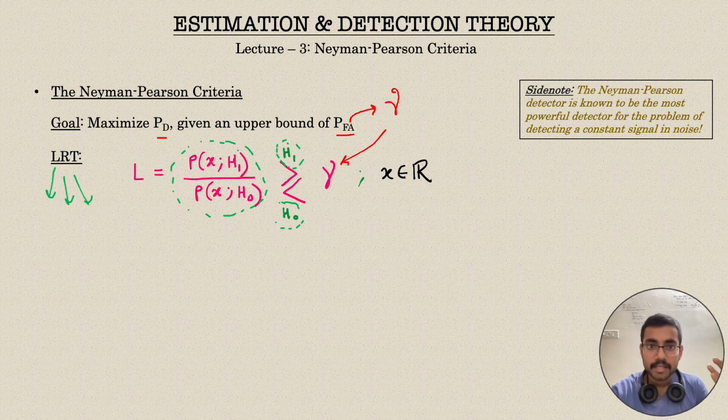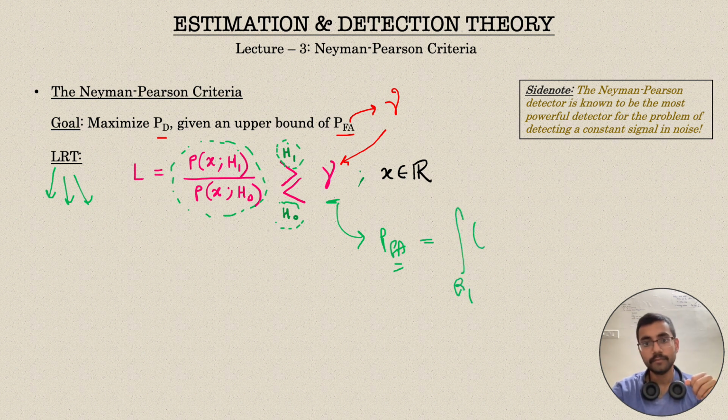How do we determine this particular gamma? This can be determined by the given tolerance of P of FA. Because P of FA is basically a false alarm: a signal was not sent but it was detected, and the detected region is R1.